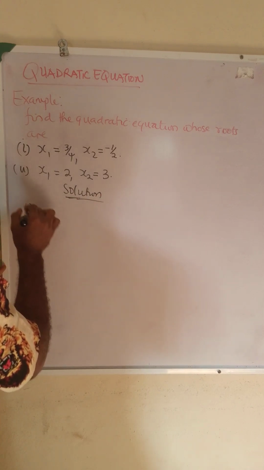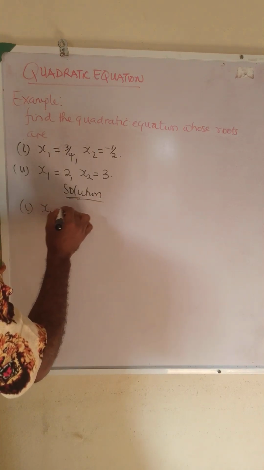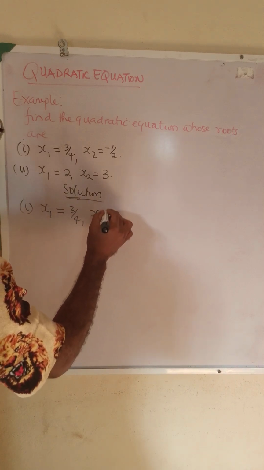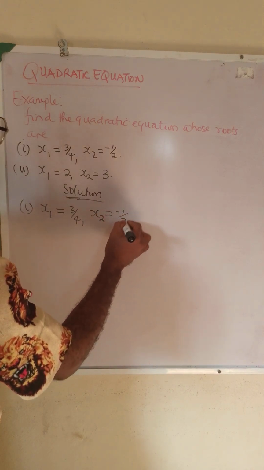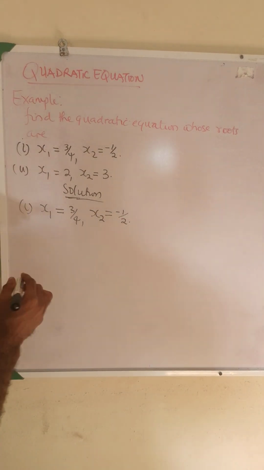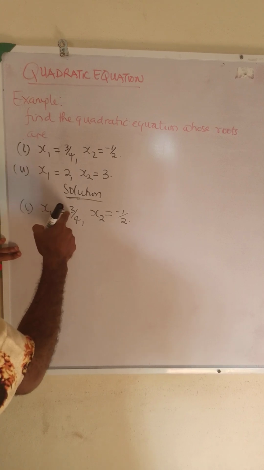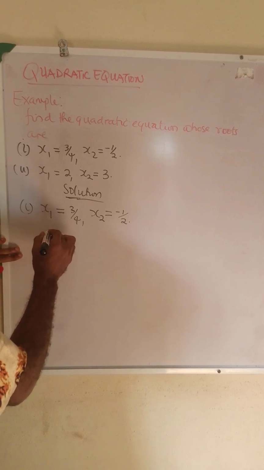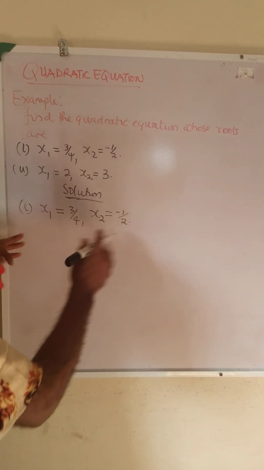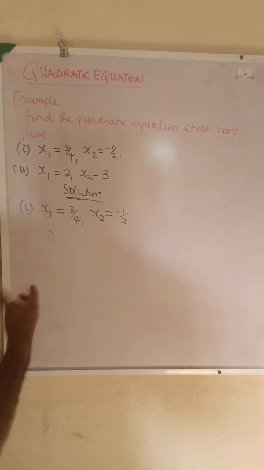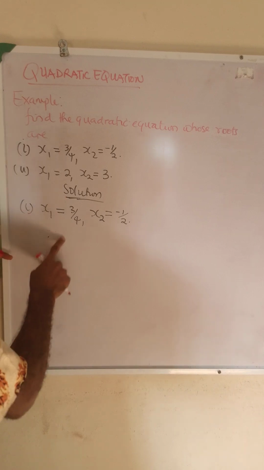So for our I, we have that x1 equal to 3 over 4, and then x2 equal to minus 1 over 2. And so to solve this, we are going to do this. This one is positive, so you introduce negative. You subtract everything. So you are going to have x. This is the method.